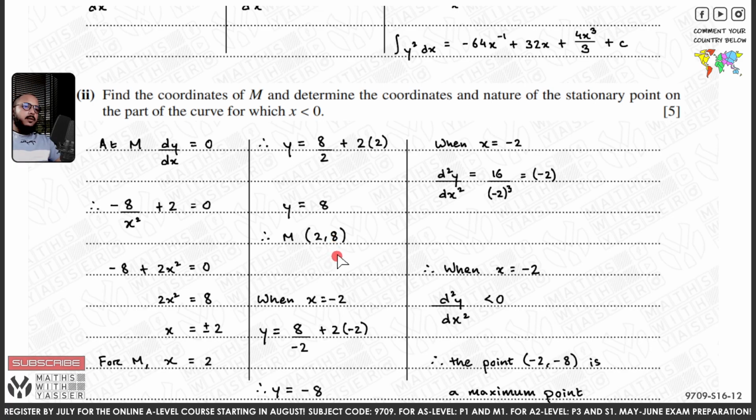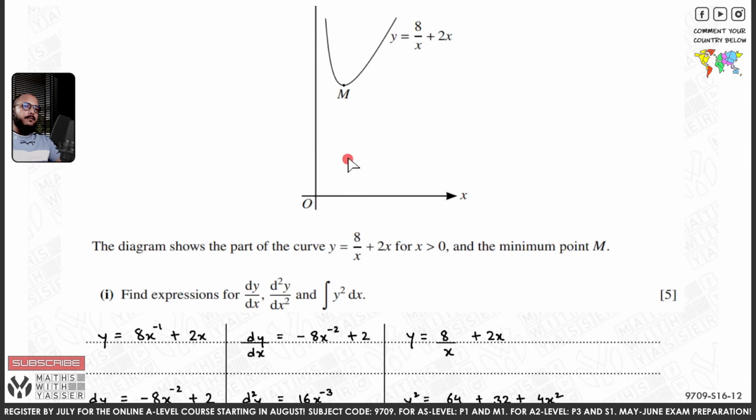Moving on, remember that we got two values of x, positive and negative, and we chose positive 2 to find the coordinates of M, because we can clearly see in the graph that the point M is on the positive x-axis.